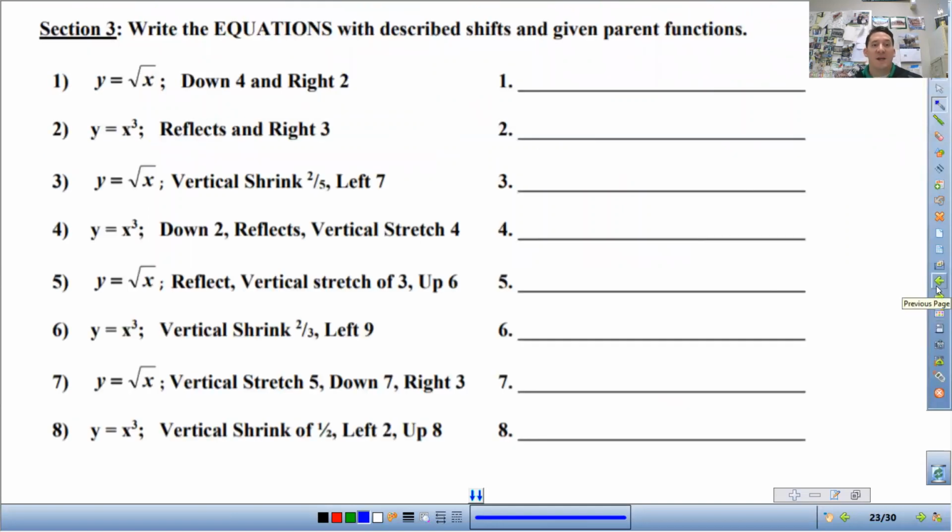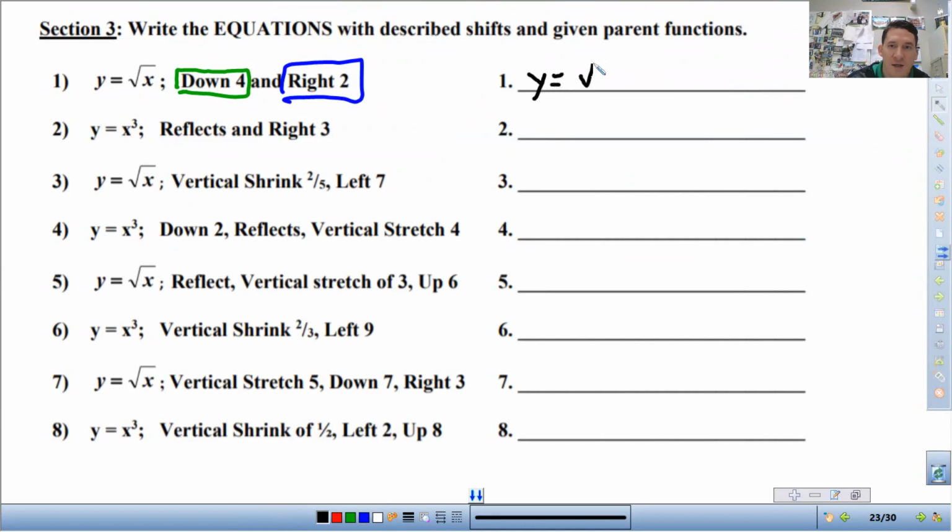This one we are writing. We've done a bunch of these as well. So just make sure you're putting things in the correct spot here. So we have a down 4 and a right 2. When we write out this function, it is going to be y equals the square root.